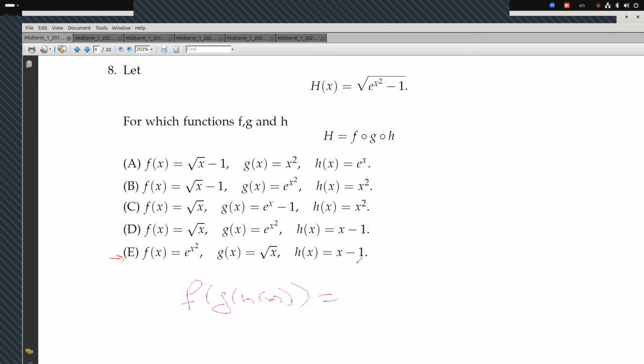First, h of x should be plugged into g. We will get f of the root of x minus 1. The root of x minus 1 should be plugged here, and we will get e to the power of x minus 1. Is this the correct answer? No, it is not.